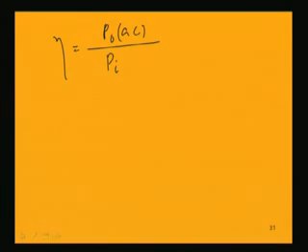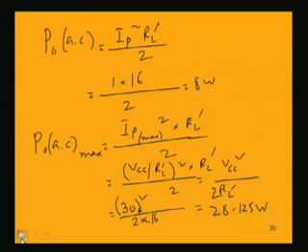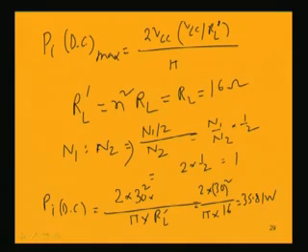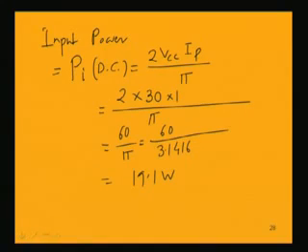Now, we can find out the efficiency, P naught AC by Pi DC. P naught AC value is 8 watts and Pi DC value, not 35, earlier we have found, is 19.1.